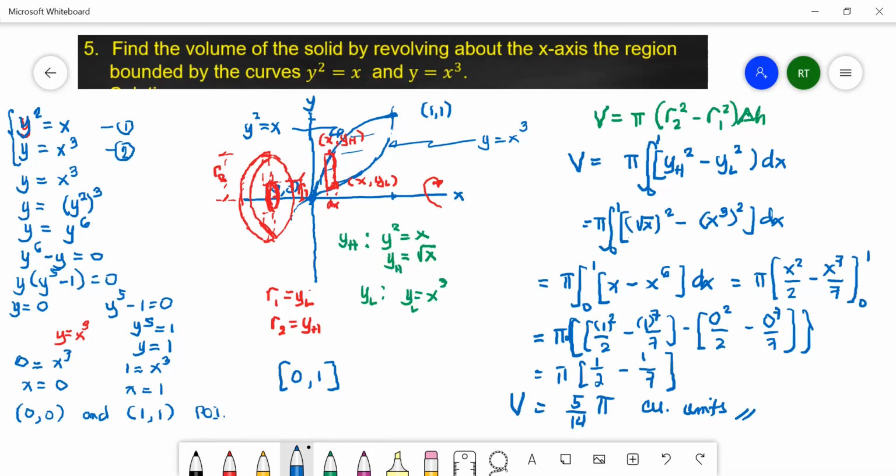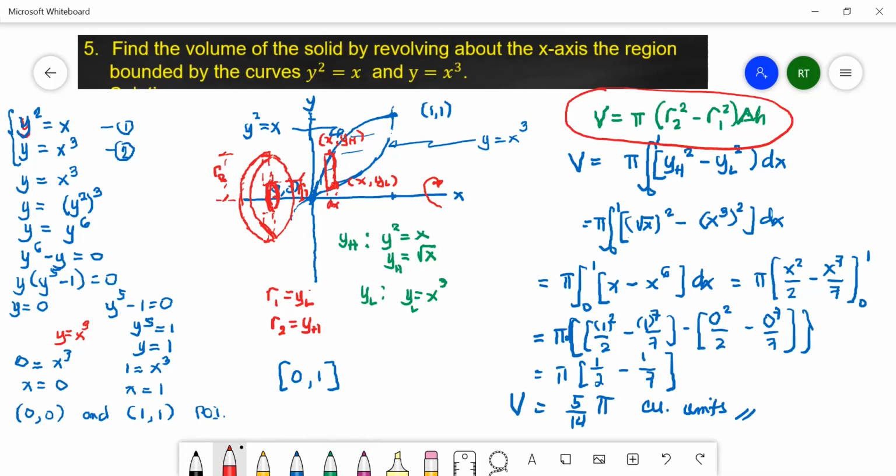We determine the volume of solid of revolution using the second method, which is the washer method or the ring method. Now, the volume is determined by considering the volume of the washer. The volume of the washer is pi times the quantity R2 squared minus R1 squared times the thickness.